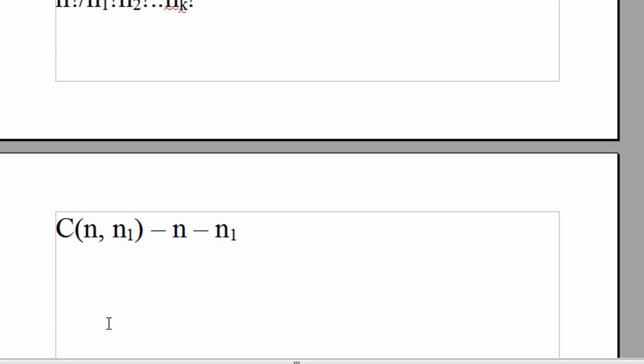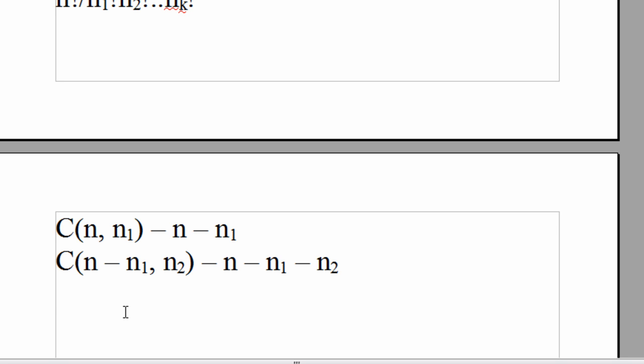So then the objects of type 2 can be placed in n minus n sub 1 choose n sub 2 ways, which leaves us with n minus n sub 1 minus n sub 2 positions open. And we're going to keep going on like this for the objects of type 3 all the way to the objects of type k minus 1.